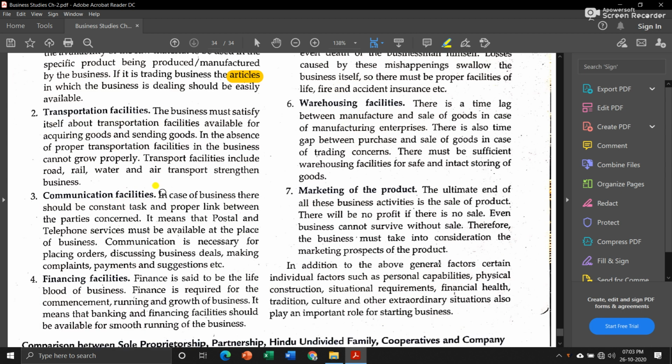Then communication facilities are also very much important because there should be constant contact and proper link between the parties concerned. As the owner of your business, you should have regular communication with your suppliers as well as your customers. It means that postal and telephone services must be available at the place of business.